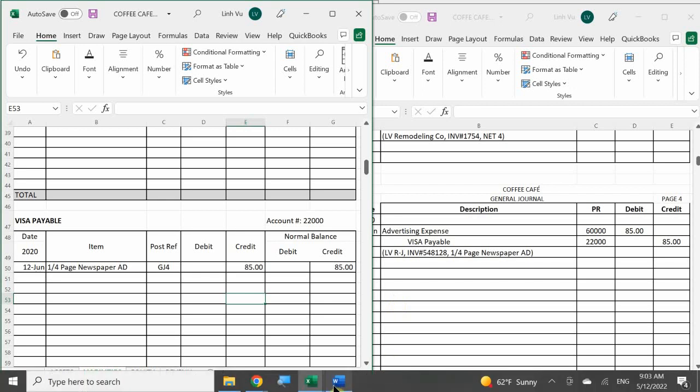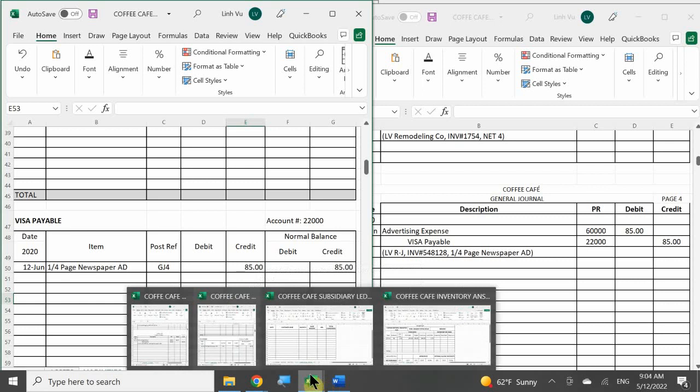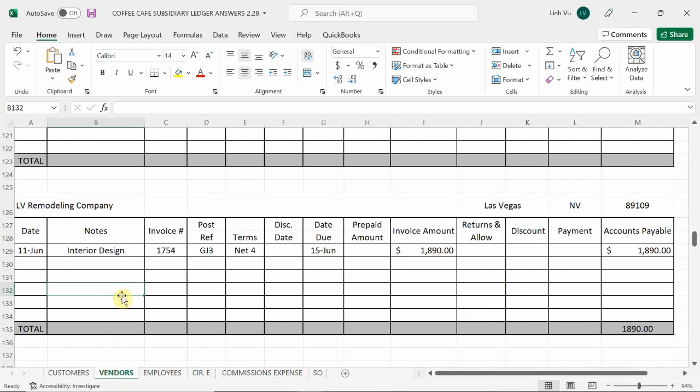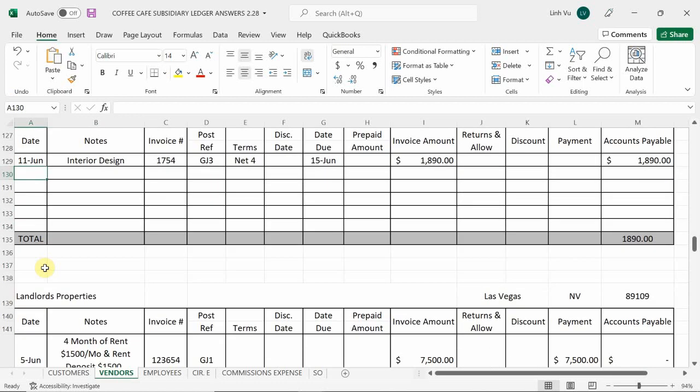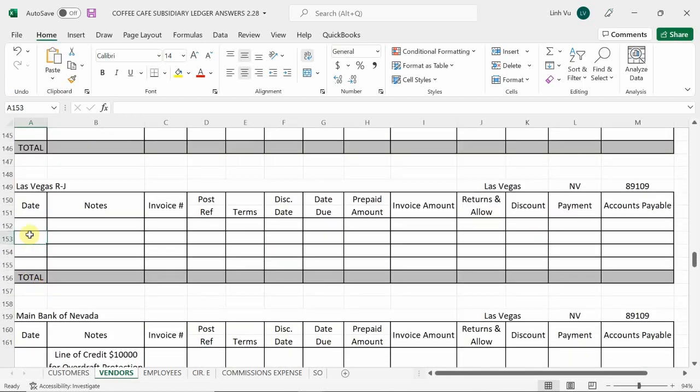And because I end up making a payment, I have to now also update my subsidiary ledger. Okay. So who did I pay? I end up paying Las Vegas Register Journal right here.